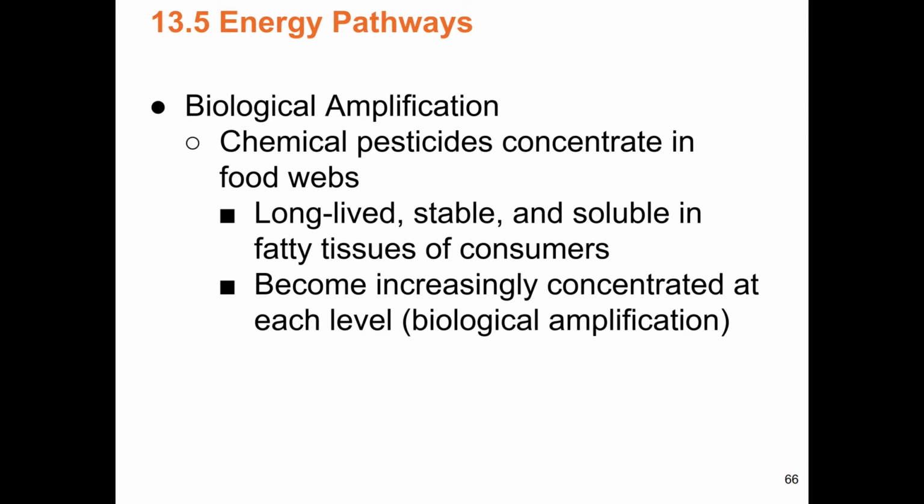They become increasingly concentrated at each level. DDT is probably the most famous chemical that undergoes biological amplification with disastrous results. Large fish, whales, and polar bears are examples of organisms that have biological amplification of pesticides.